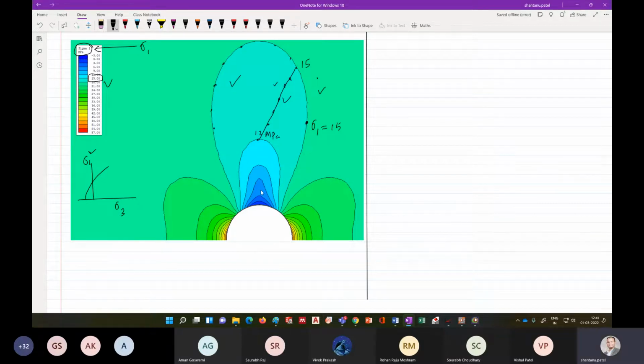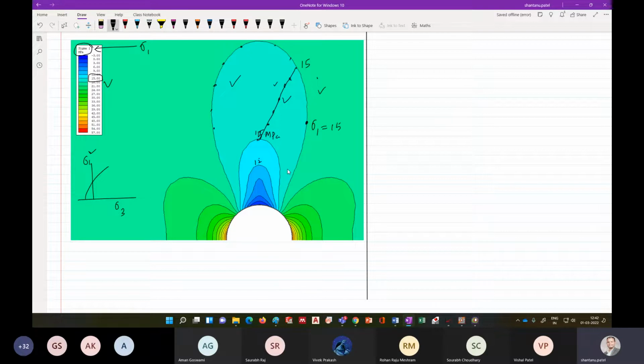Or I'm sorry, maybe this is the color for 15 and this is 12. So that is the green one. So 18 should be there.